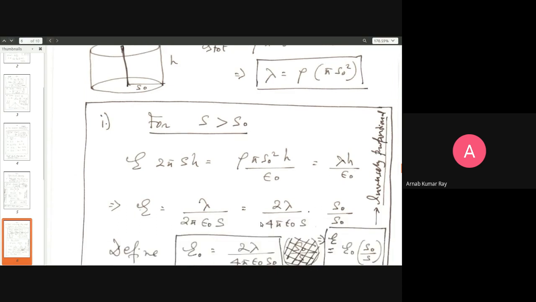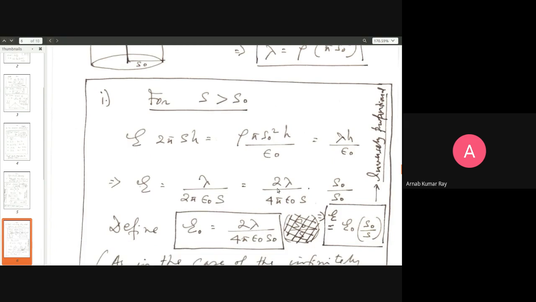Okay, and so basically you can now carry out a little cancellation. H here and H here will cancel, and you'll just have lambda by 2 pi epsilon naught S. Then you can again multiply and divide by 2 and multiply and divide by S naught. So E naught is equal to 2 lambda divided by 4 pi epsilon naught into S naught.